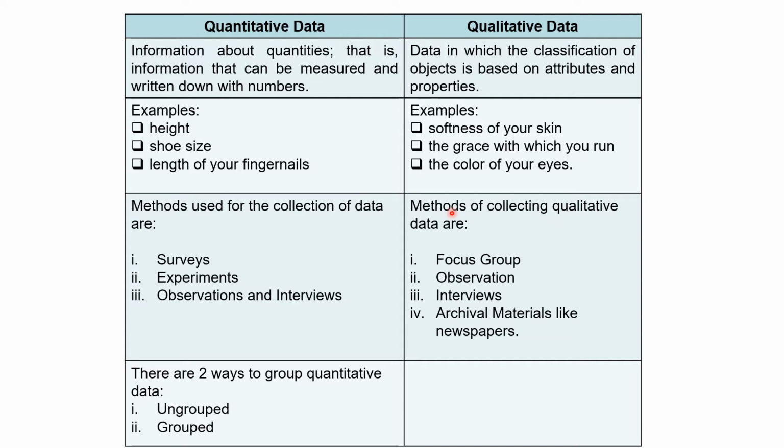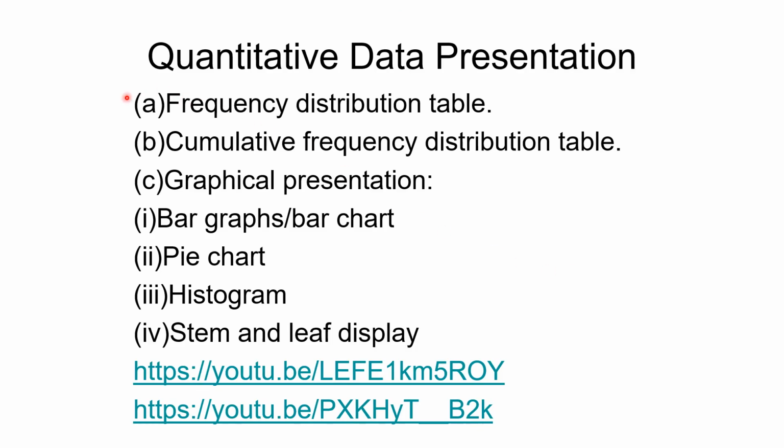The color of your eyes, human eye color, you can't really represent in category, as in with numbers. Yeah. And methods to collect qualitative data are a bit more subjective, where you involve focus group, observation, interviews, or you can actually use newspapers and so on. So moving forward, we will focus on quantitative data.